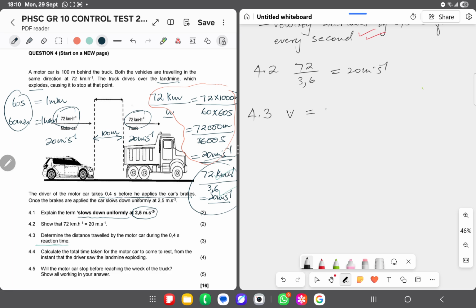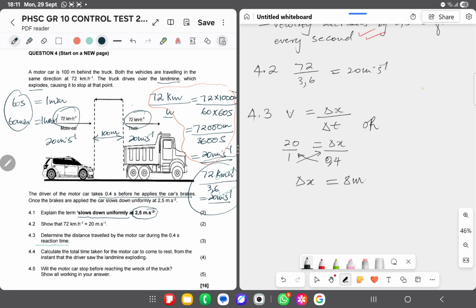The velocity is the rate of change in position divided by time. The velocity is 20, the distance is delta x, the reaction time is 0.4. Then cross multiply, so our delta x will be 20 multiplied by 0.4. You get 8 meters. So this is one of the options that you can use.